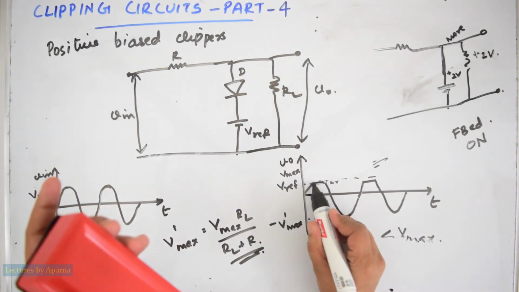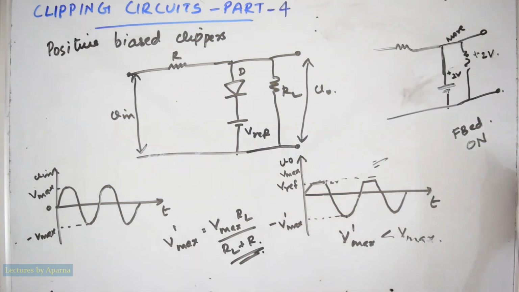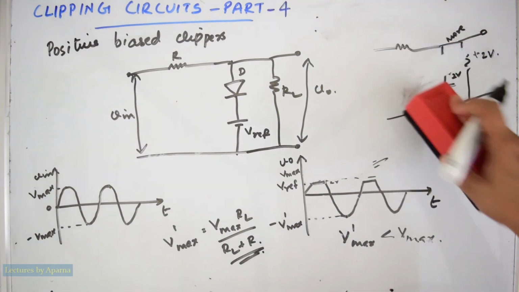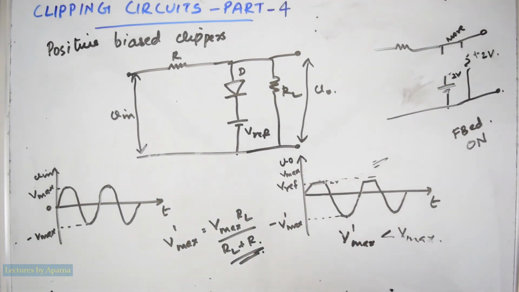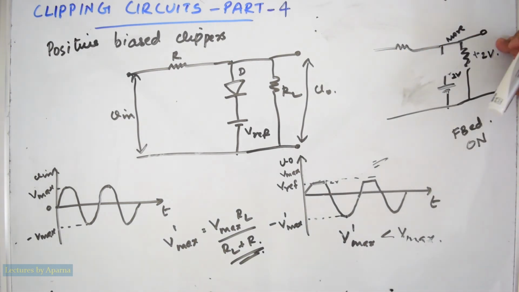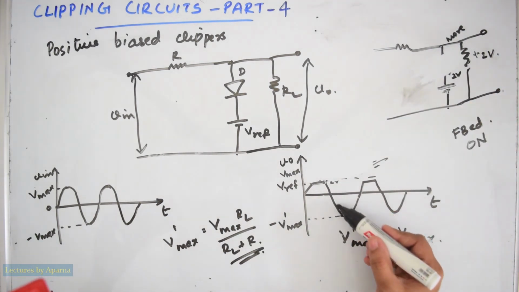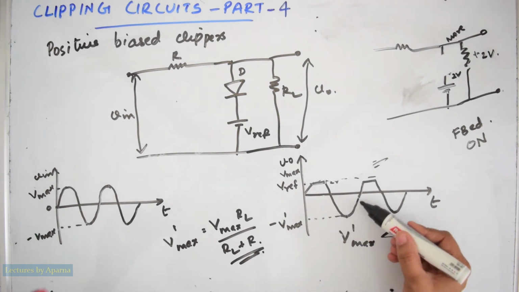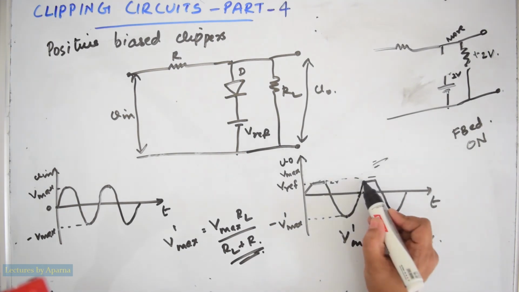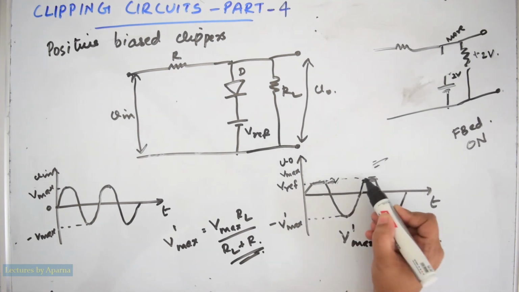It will be plus 2 volt, and once this input voltage becomes lesser than this plus 2 volt, this diode will again be reverse biased and it will be cut off, and the input signal will appear at the output with a reduced voltage. Now again this will be reverse biased until the negative half cycle happens, and again in the positive half cycle when the voltage becomes greater than 2 volt.